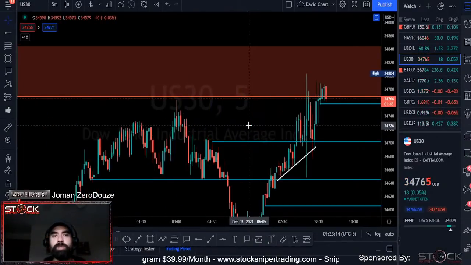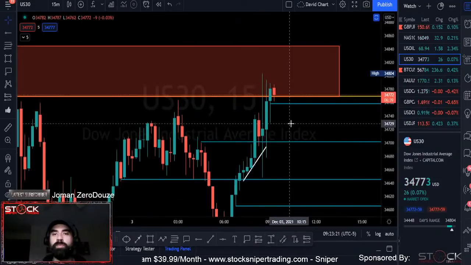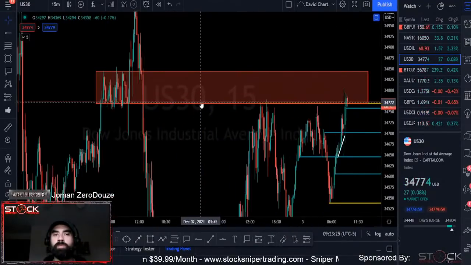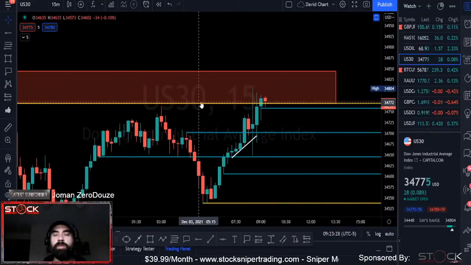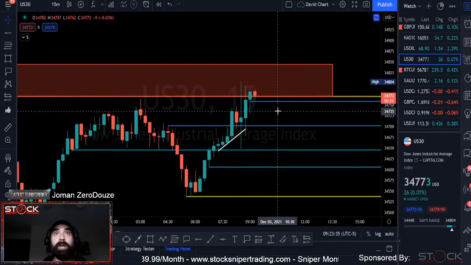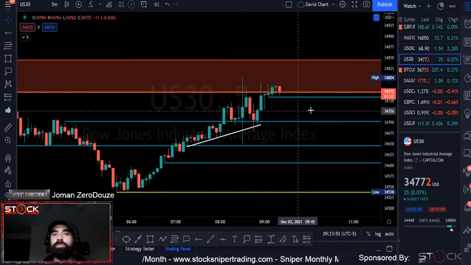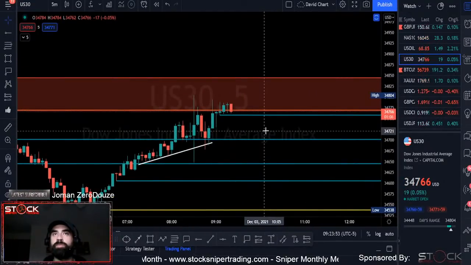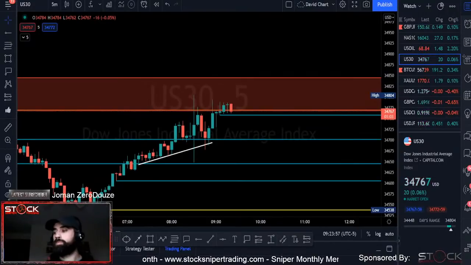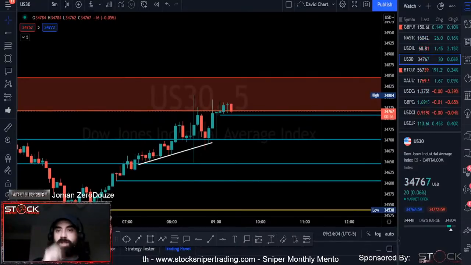Okay, 9:23. This is on the 15 minute time frame. Still very, very bullish as of right now. Let's watch and see what's going to happen on market open. Okay, about 56 seconds left.